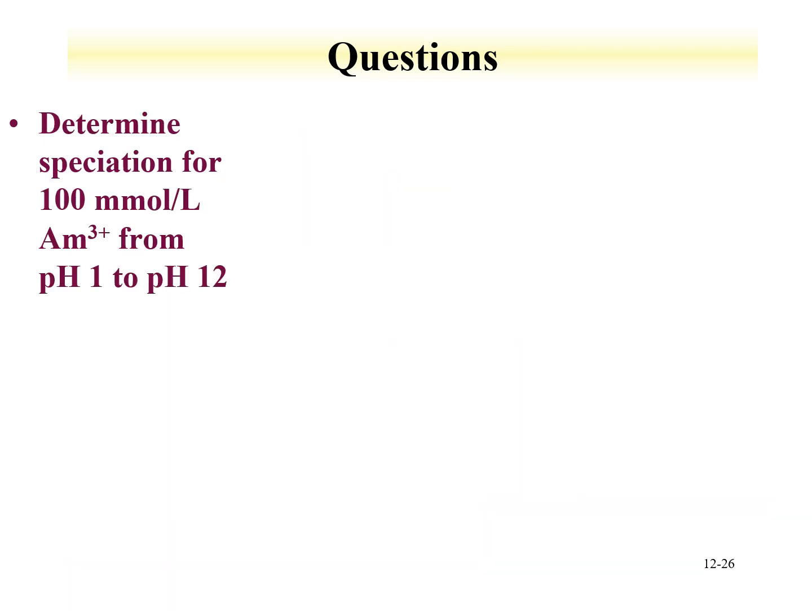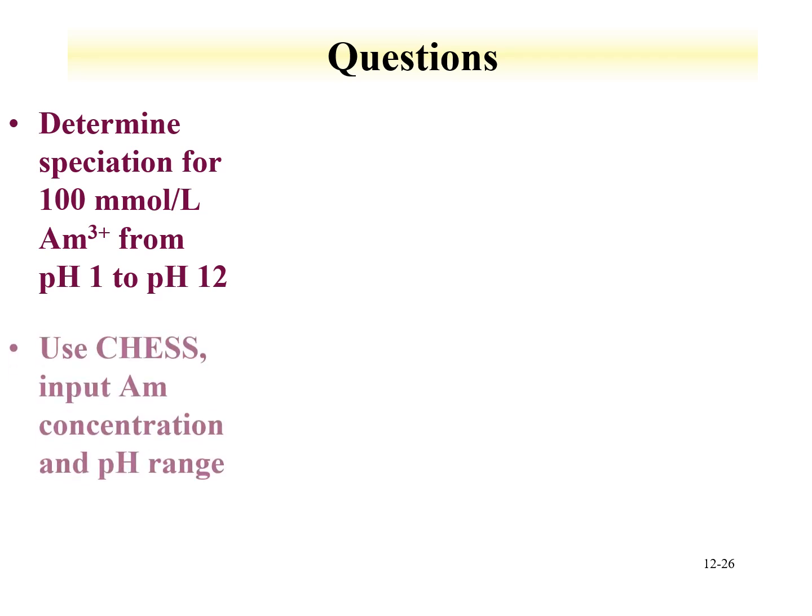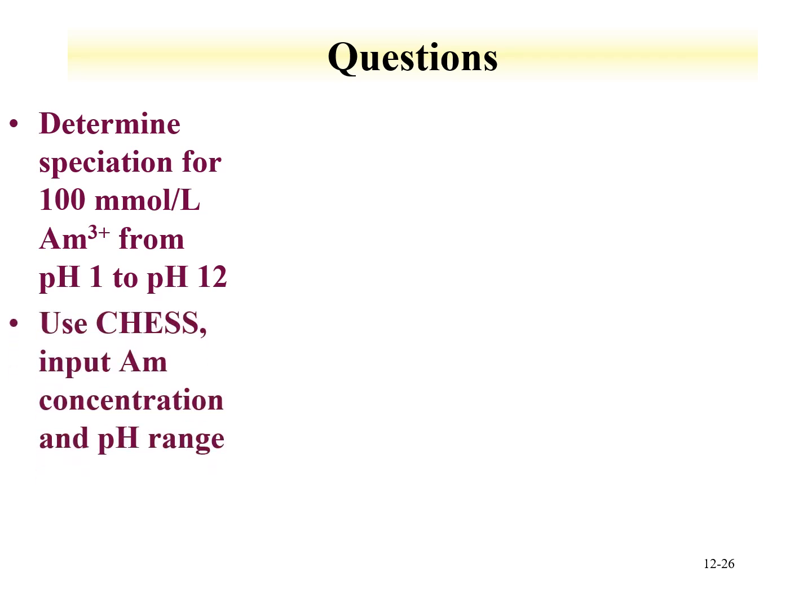Another question that you should be able to answer based upon the lecture is something to the effect of, well, determine the speciation for 100 millimole per liter americium-3 from pH 1 to pH 12. What one would do, you could use CHESS, input the americium concentration and the pH range.